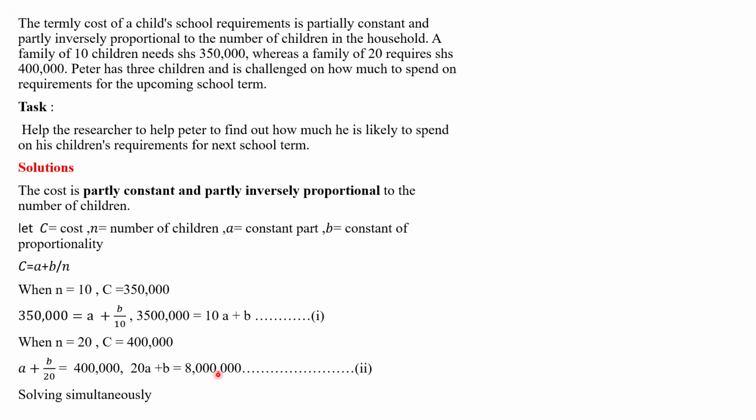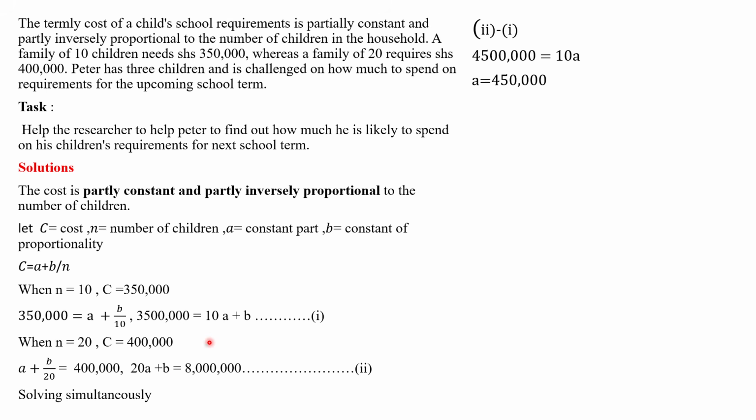We have equation 1 and equation 2. Now, here I have B and B. It means that when I get equation 2 minus equation 1, definitely this B will go away and I remain with A's. So let me do it and we see. Equation 2 minus equation 1. If I get 20A minus 10A, I get 10A.